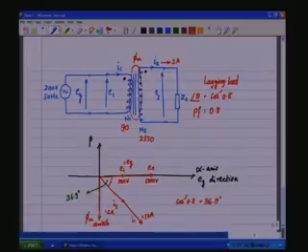Phi m is also in RMS quantity because it was calculated using RMS quantities. So, this would be the phasor diagram for this transformer circuit. Is that clear?